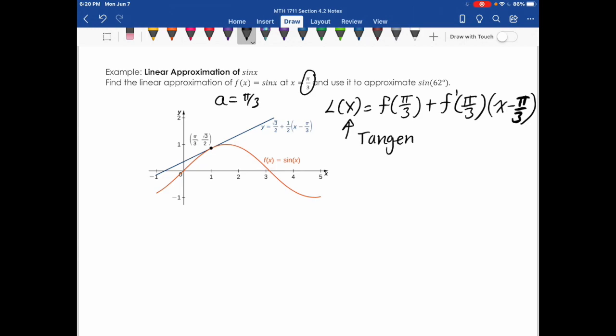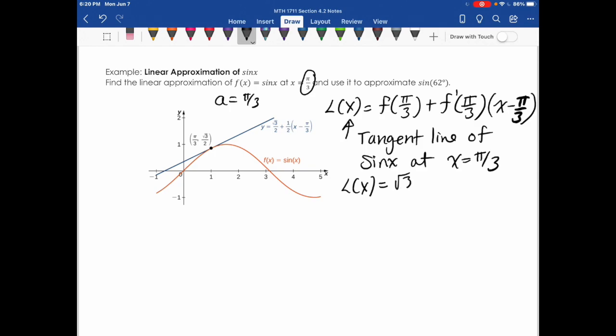Okay, so this represents our tangent line of sine x at the point x equals pi over 3. We have to actually find these values.